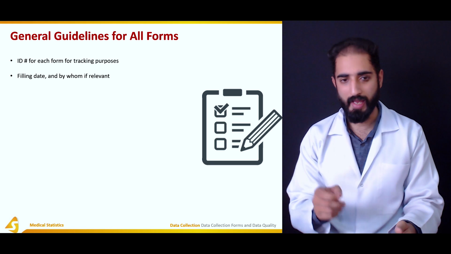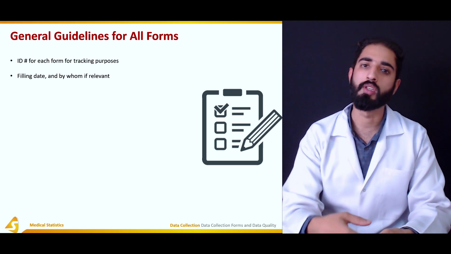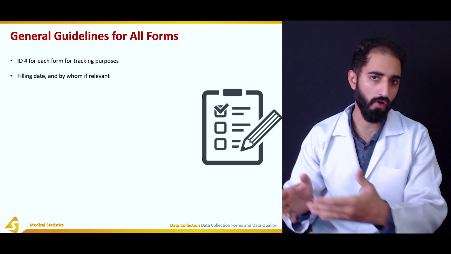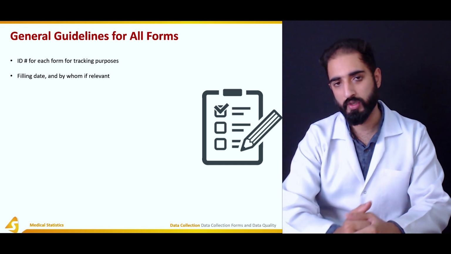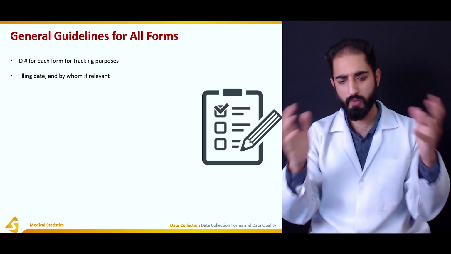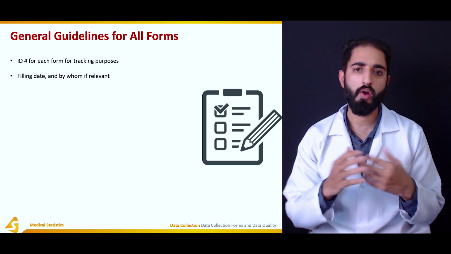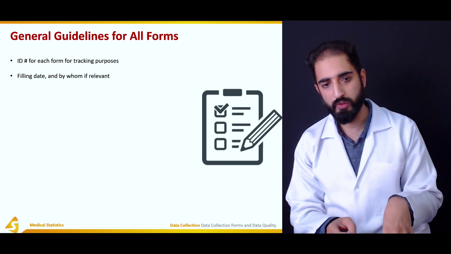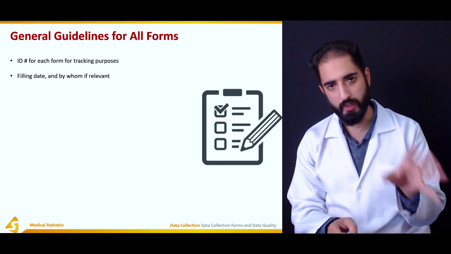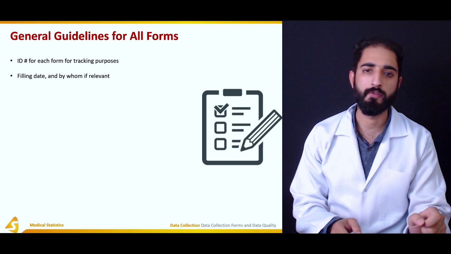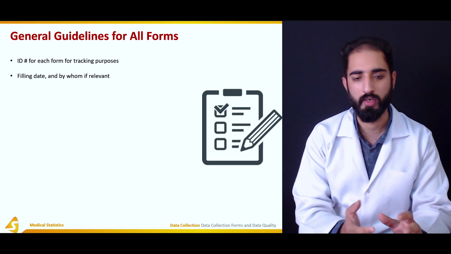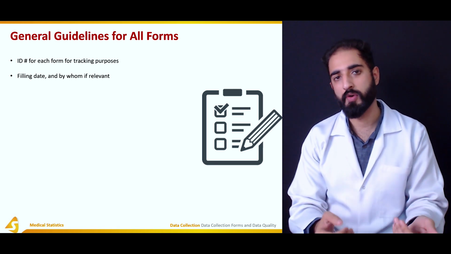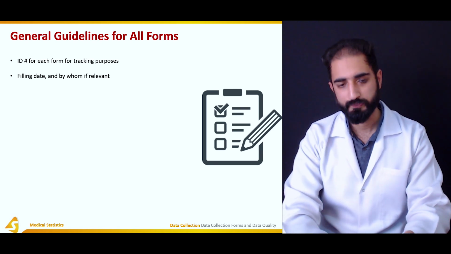Instead, the researcher is filling the questionnaire for the patient. For example, if the researcher is collecting data from the patient record, the researcher is collecting the data. And in big studies, usually a lot of researchers are collecting the data. So sometimes you need to find out, if there was a problem in any one questionnaire, who actually filled that form, so you can ask him or her. So you need to have the information about who filled out that form.